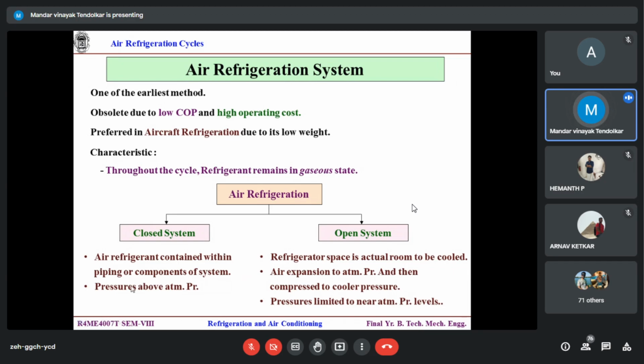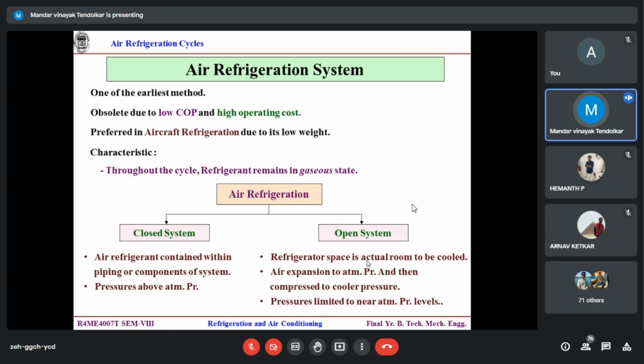In the closed system there is no such worry. You are safe because everything is a closed conduit, so relatively safe. Whereas in the open system, every cycle it is exposed to the atmosphere, so atmospheric moisture is every time susceptible to getting inside the system.